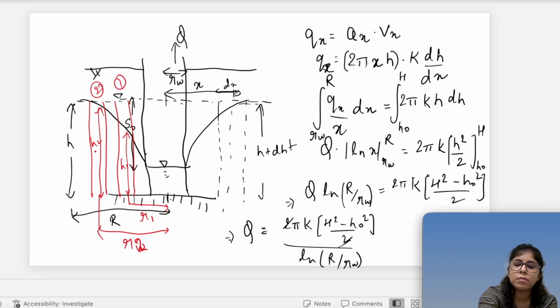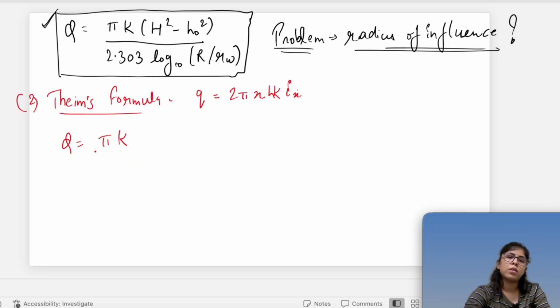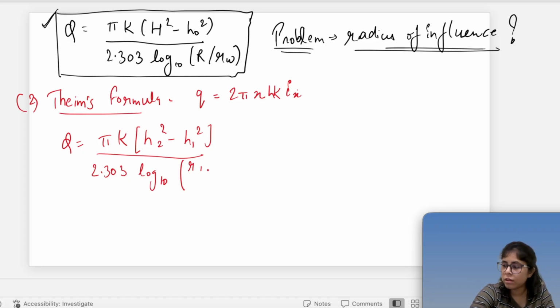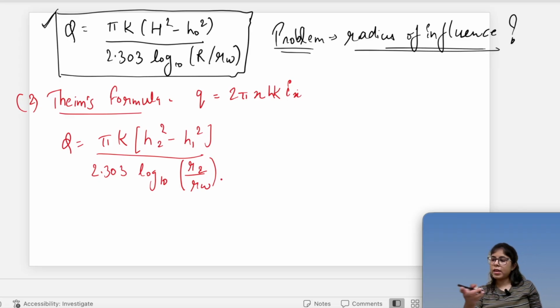So the same formula will now become pi k (h2 square minus h1 square) upon 2.303 log 10 r1 upon r, this is r2 upon rw, right? Or similarly it can be r2 upon r1.